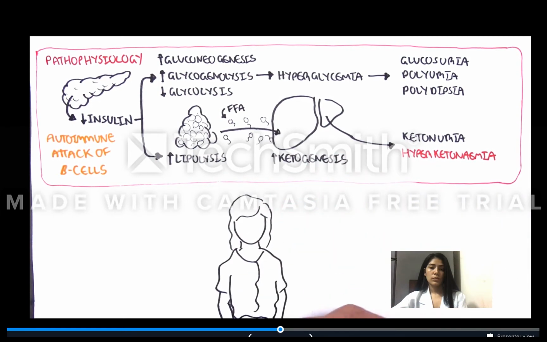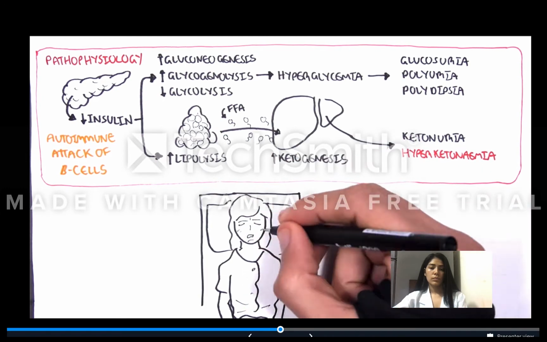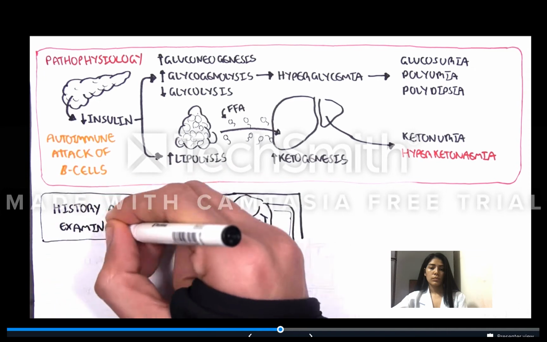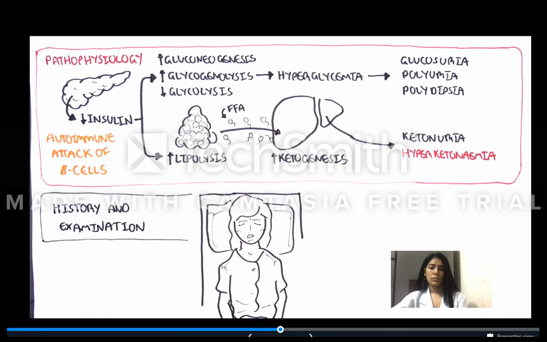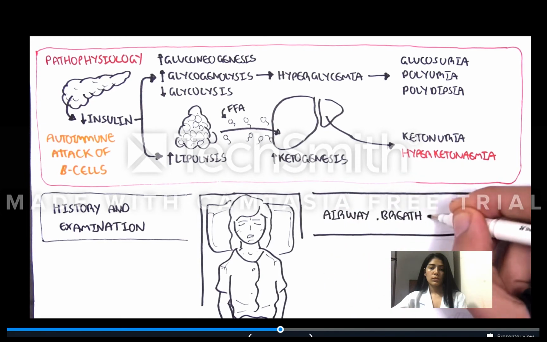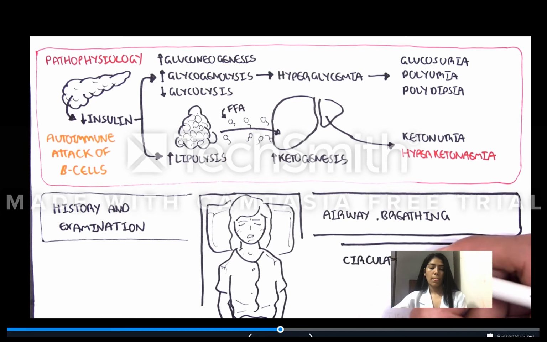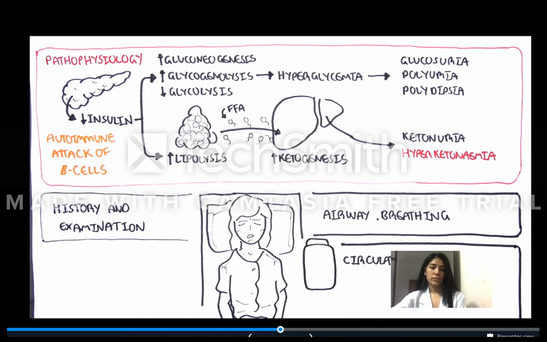So if a person presents with the signs and symptoms we spoke of, a thorough history and examination needs to be done, and appropriate management needs to be performed, which includes checking the airways, checking breathing, and circulation. In circulation, IV access is important for a few reasons.